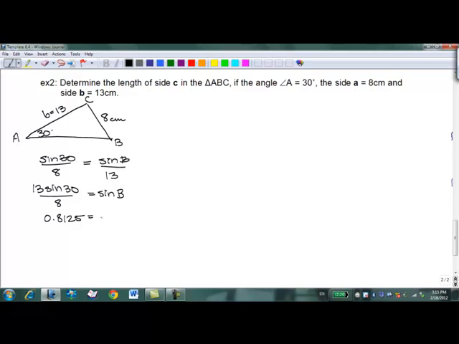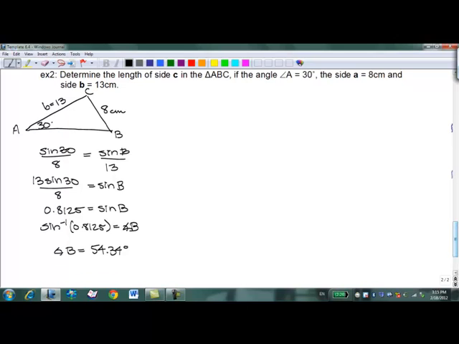We get 0.8125 is sine B. Because these are quadrant 1 angles, we can just take the arc sine, the inverse sine of that. That equals angle B, and we figure out that angle B is 54.34 degrees.